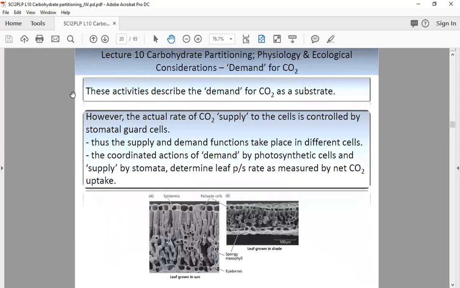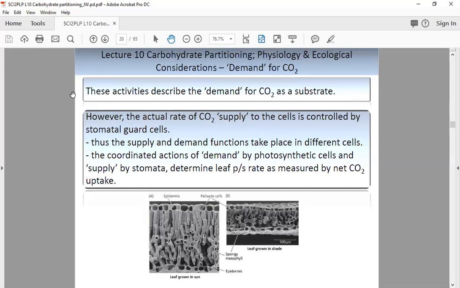So these activities obviously take place in the mesophyll cells in the leaf, the palisade mesophyll cells and the spongy mesophyll cells as pictured here. And this describes the demand by photosynthesis in the cells for carbon dioxide as a substrate.